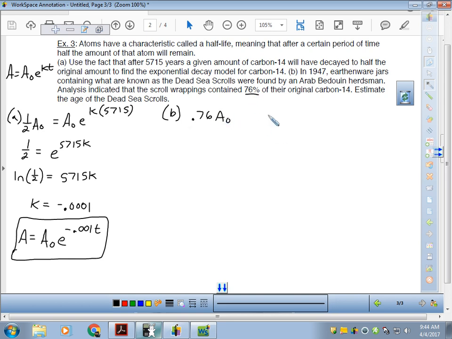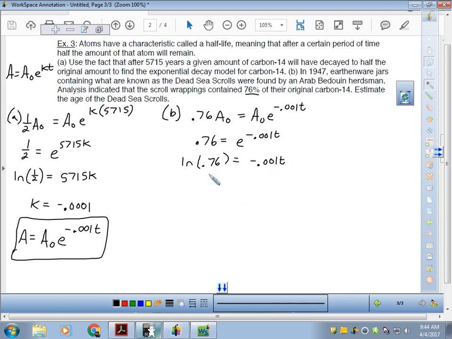So of the original equals the original amount, e to the negative 0.001t. Divide the original amount across. So you get 0.76 equals e to the negative 0.001t. Take a natural log on both sides. So natural log of 0.76 equals negative 0.001t.